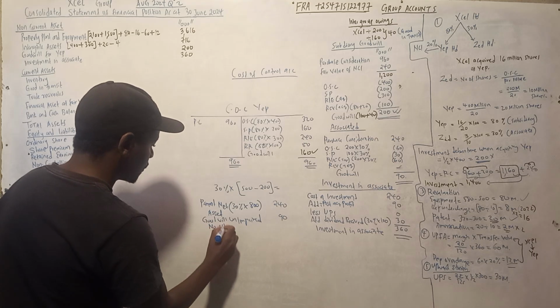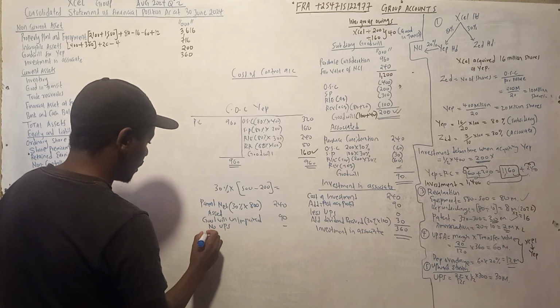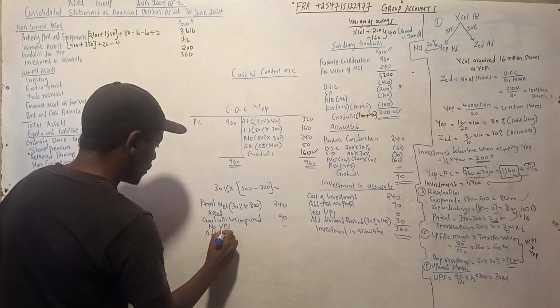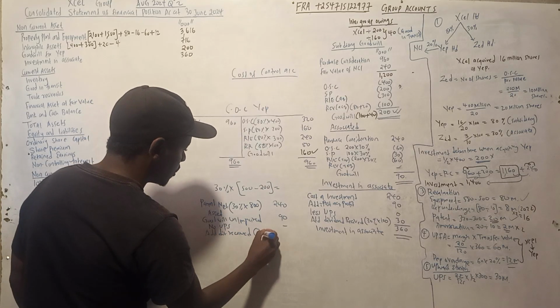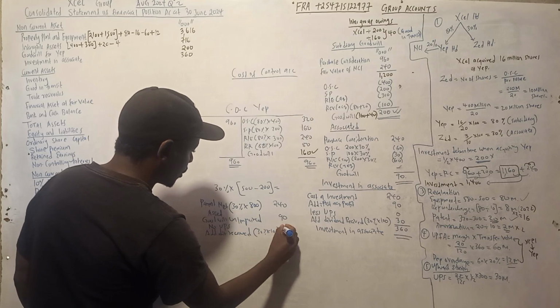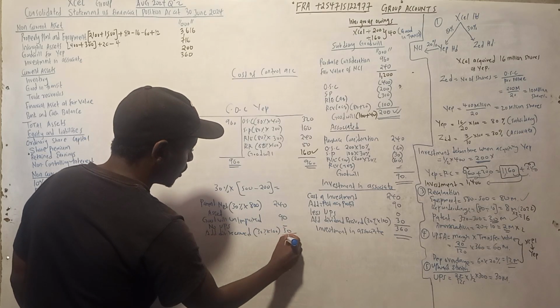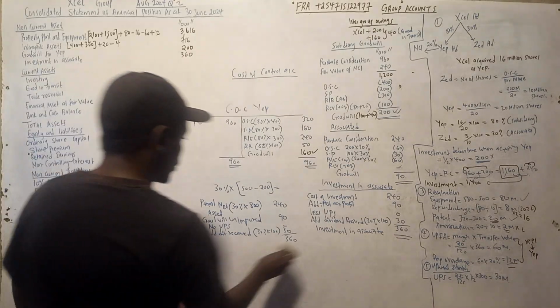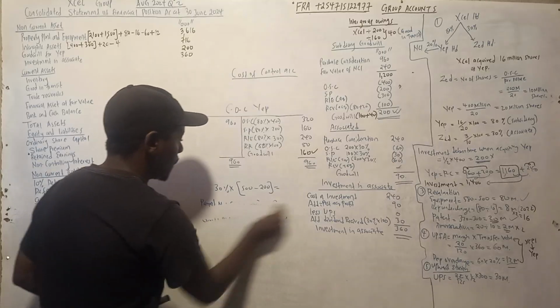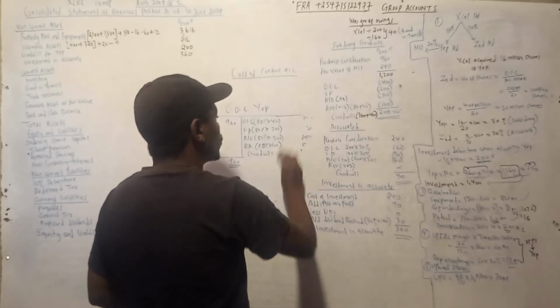The dividend received is 30% times 100, which is 30. It will give the same answer of 360. By the way, we don't need to concentrate so much on that. So that one is the end of it. Let us go to the next item.